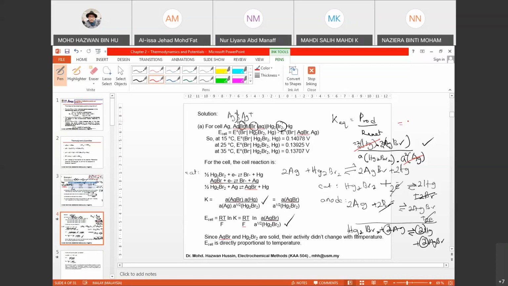So at the end, you will get K. Doctor, we can say that the number means 1. We can assume that because a solid normally doesn't have a concentration, and we consider it equal to 1. This will be the form that you get.